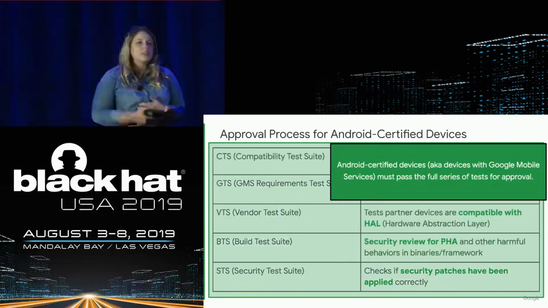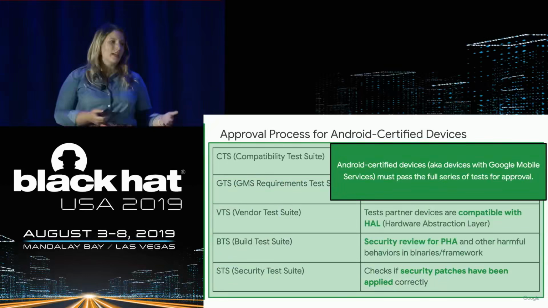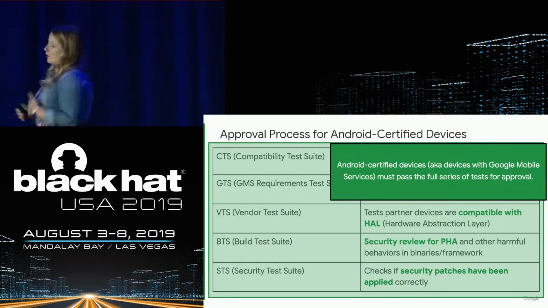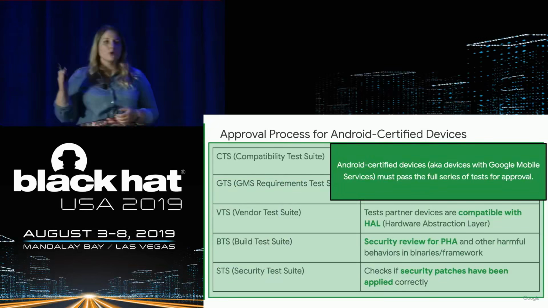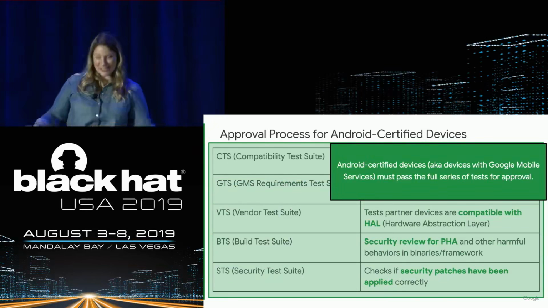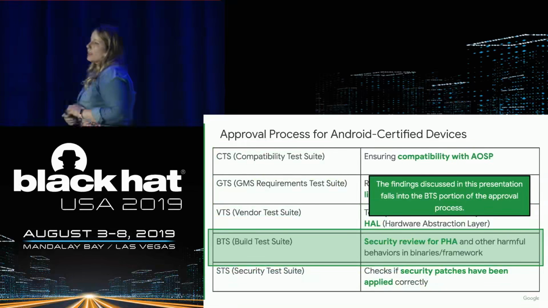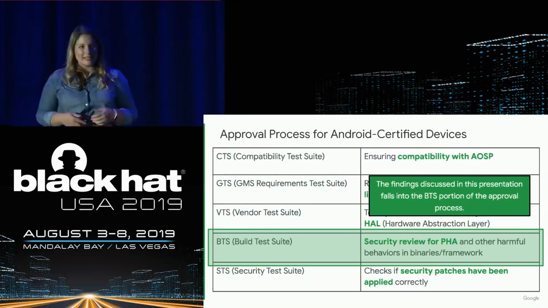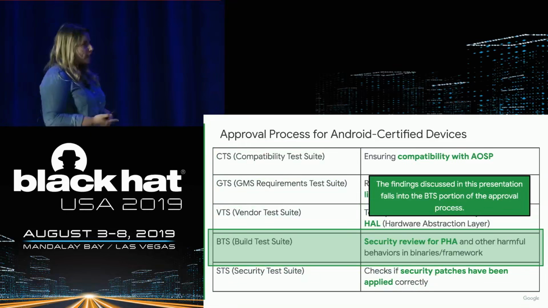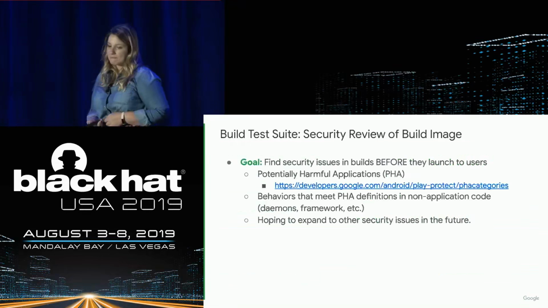But if a device wants to be an Android certified device, so most of the big name brand Android devices you hear of, like Samsung and Google Pixel, they have to go through the whole set of test suites. And the main one we're going to focus on is the Build Test Suite, because that's where the security review came into play, where my team and myself tried to find PHA or security issues within these builds prior to them launching.